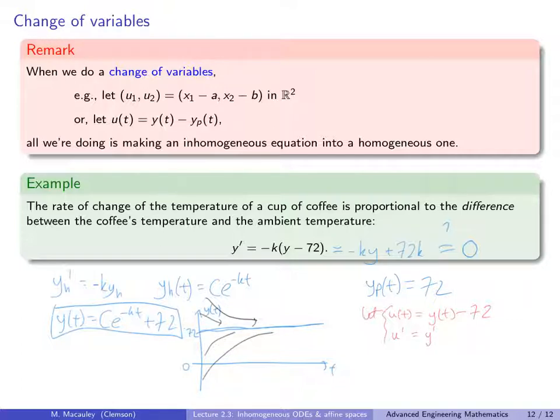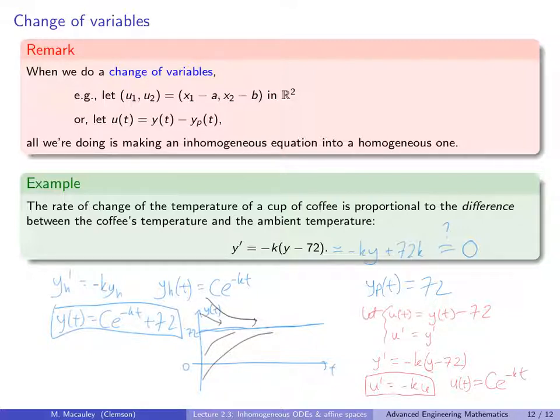So let's plug this back in. So y' equals negative k times (y minus 72) becomes u' equals minus k times u. Now look at this. We've made our equation homogeneous. So u(t) is clearly c e to the minus kt.